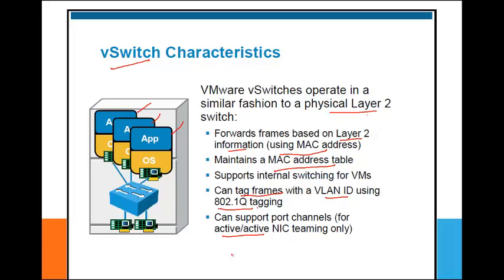So there is active-standby and active-active, but it supports port channel only if all the links are active. One active, one standby, no. So these things are supported: learning MAC addresses, forwarding packets based on the MAC address, same as a layer 2 switch, assigning or tagging VLANs, and support for port channel.